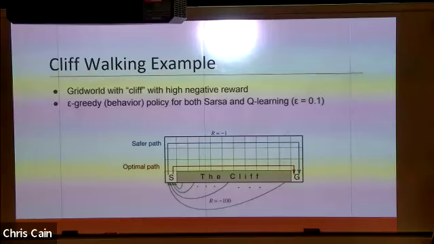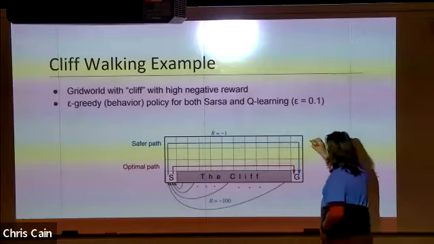The goal is to get to the goal as fast as possible. One of these arrows is drawn with what SARSA converges to, and one of them is drawn by what Q-learning converges to. Anyone want to take a guess as to which arrow is which algorithm? Yeah? I think the safer path is SARSA.